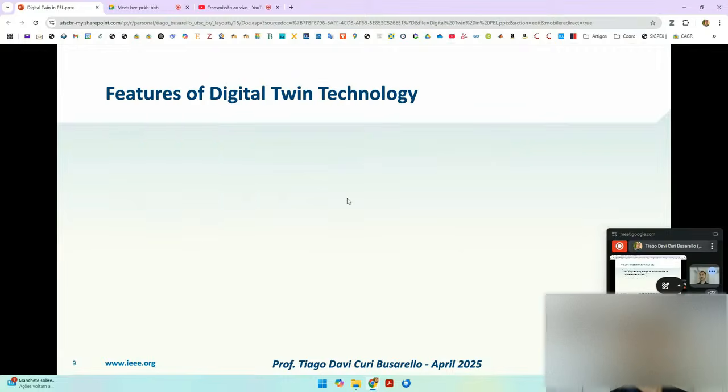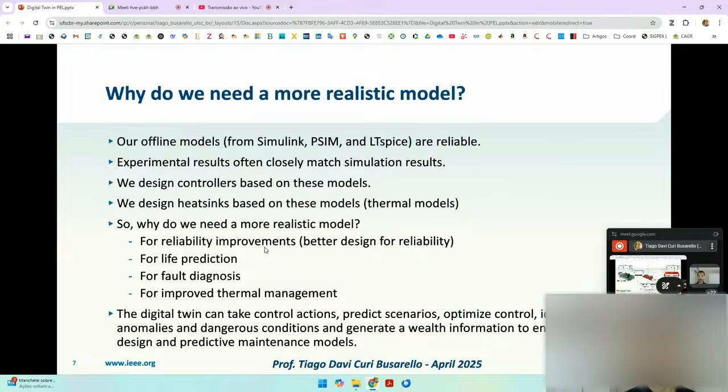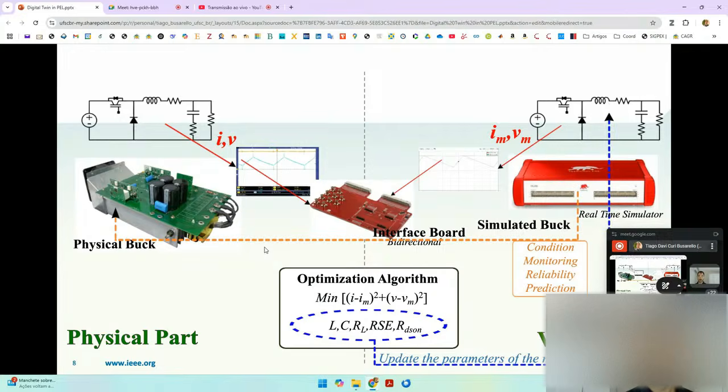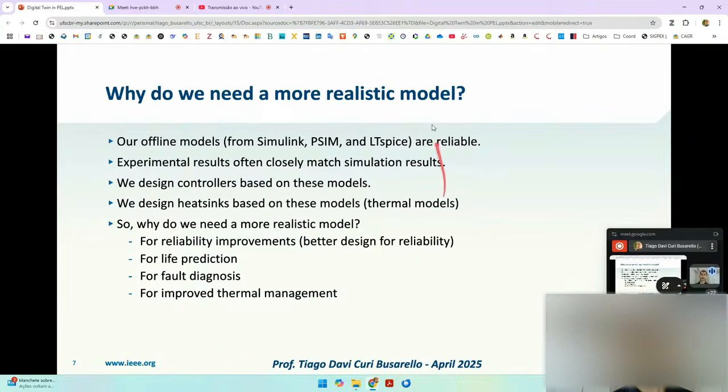Let's see. This one with this orange line here. Yes, just let me know because this slide is similar to the previous. This one, why do you need a more realistic model? Did you see?